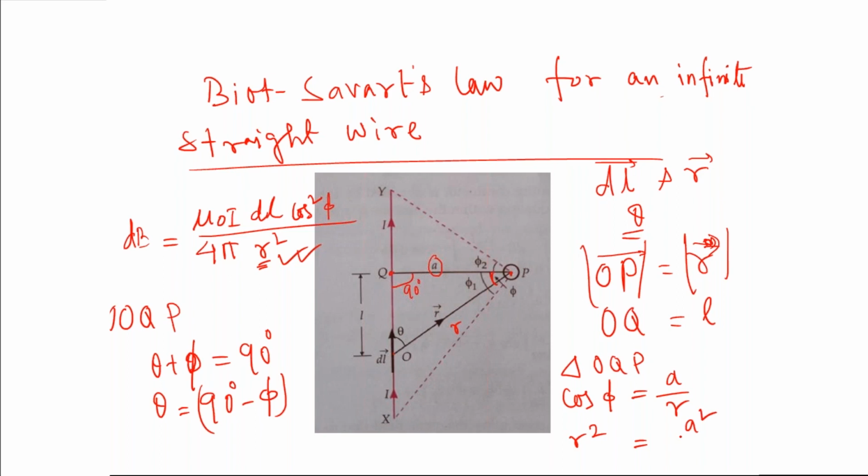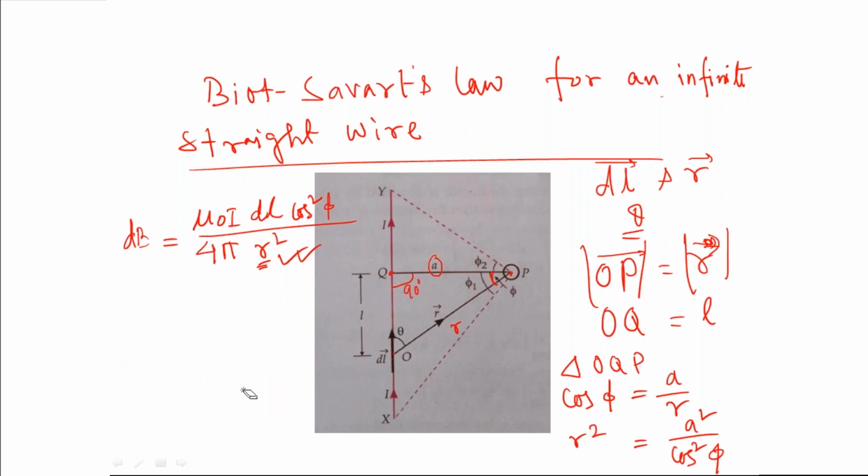If I put this in place of r, let me remove this part and put the value of r square. Here you get mu0 I dl cos square phi.